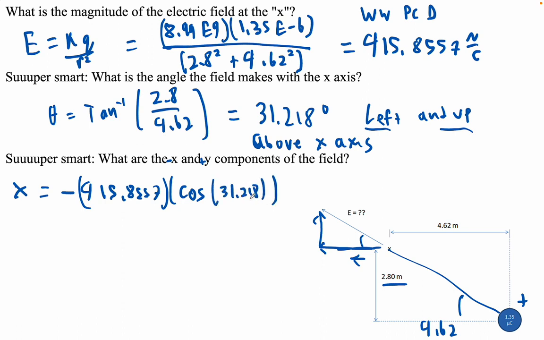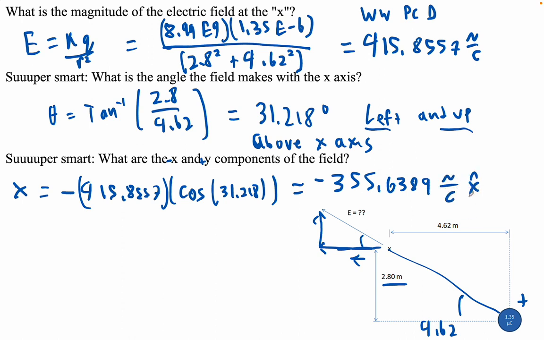And really, I'm just using the up arrow on my calculator. So I'm going to go up and grab the 415 number, times cos. I'm even closing the parentheses here. I hope you guys are appreciating that. Okay. Negative 355.6389 newtons per coulomb in the x direction.